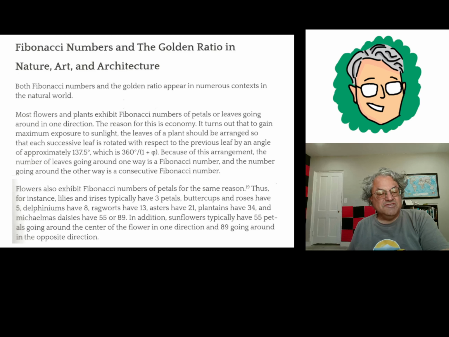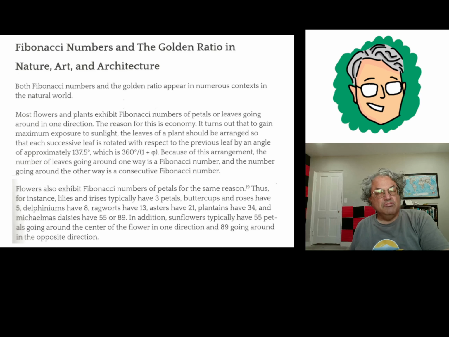Well, it turns out that this just happens. I'm not going to go into the details here, but if you want to arrange flower petals in such a way that they maximize the amount of sunlight they can get, it just turns out that this is the most economical way to do it. You want each petal to go an angle of rotation of about 137.5 degrees, which is the full circle, 360 degrees, divided by phi squared.